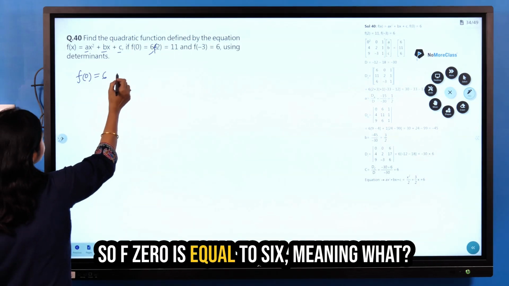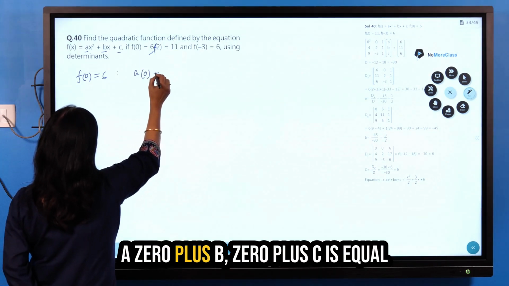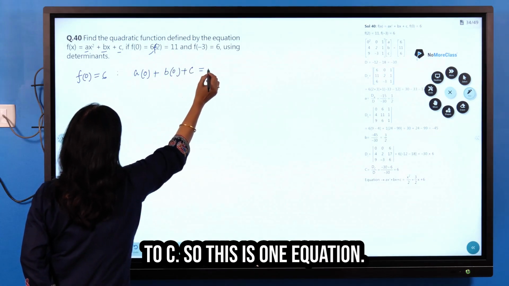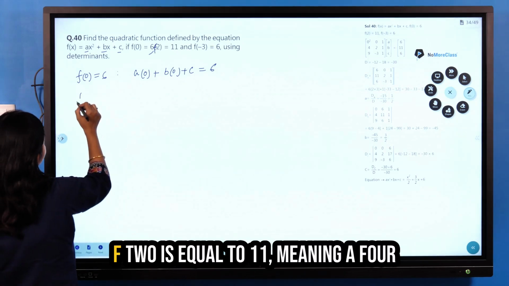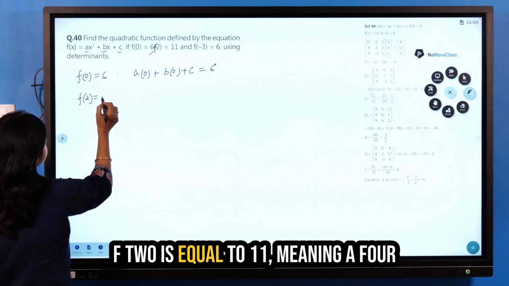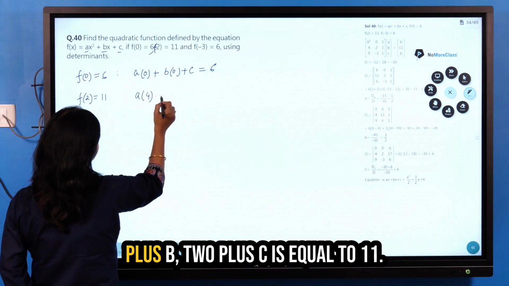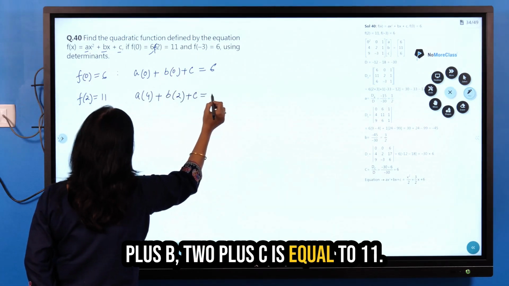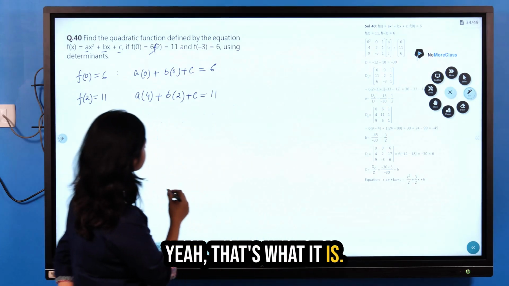So f(0) is equal to 6, meaning a·0 plus b·0 plus c is equal to 6. So this is one equation. f(2) is equal to 11, meaning a·4 plus b·2 plus c is equal to 11. Yeah, that's what it is.